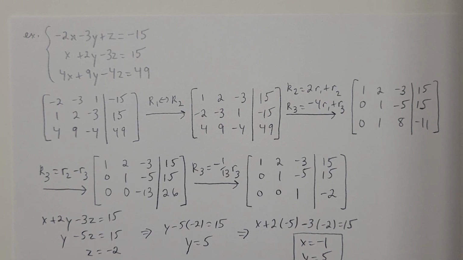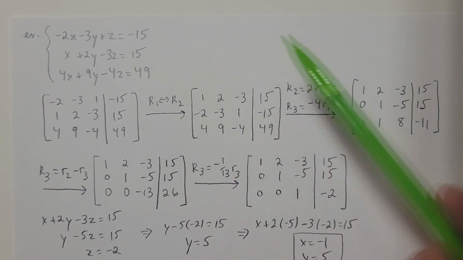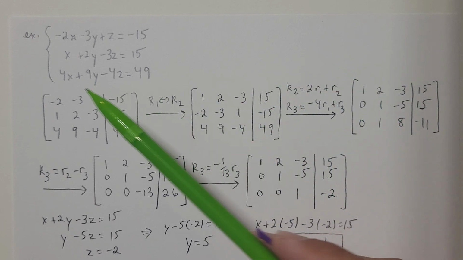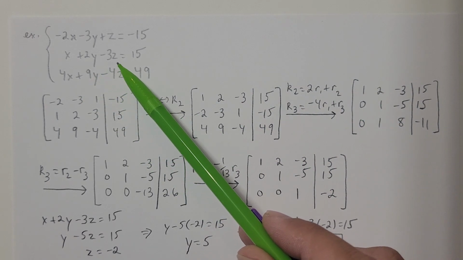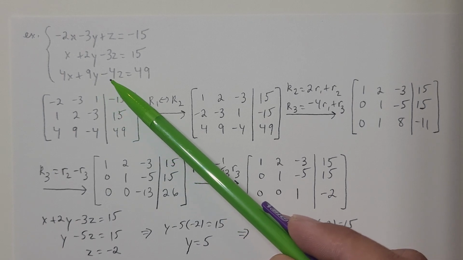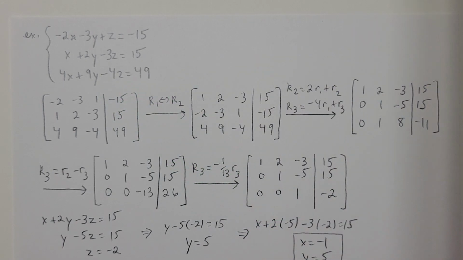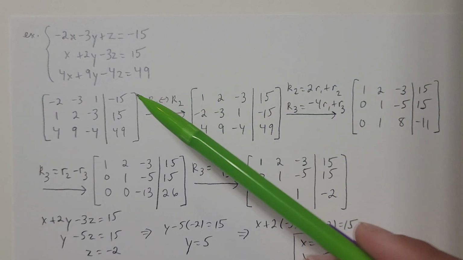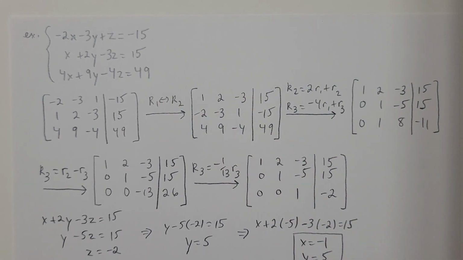What if we want to solve the system given by the equations negative 2x minus 3y plus z equals negative 15, x plus 2y minus 3z equals 15, and 4x plus 9y minus 4z equals 49? We're going to solve by using matrices, and the first thing I need is an augmented matrix.